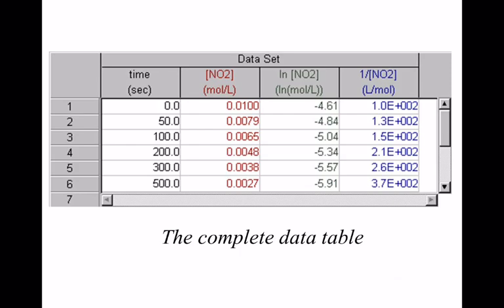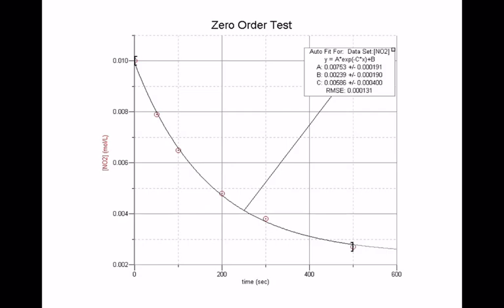It's always going to decrease over time, even if it's 0 order. Here, it's looking at the change in concentration over time, and the fact that it's bowed means that it wasn't going linearly. So it fails this test.